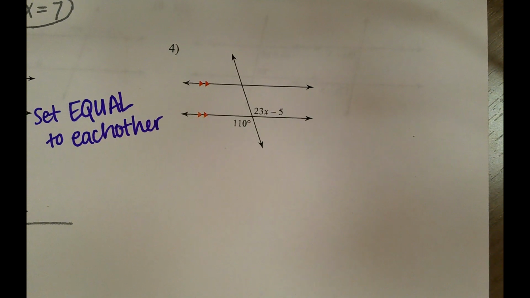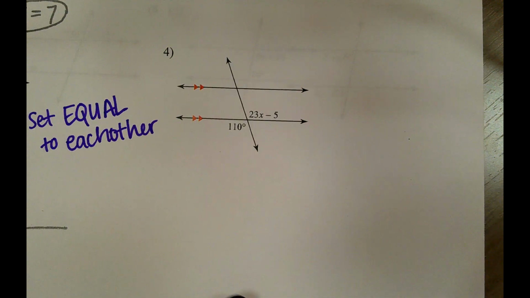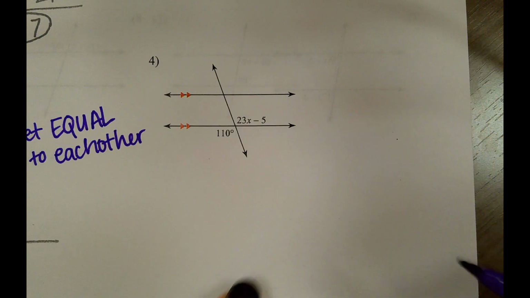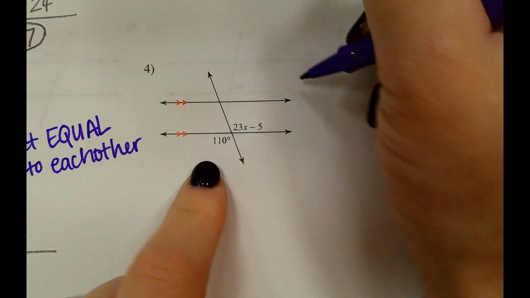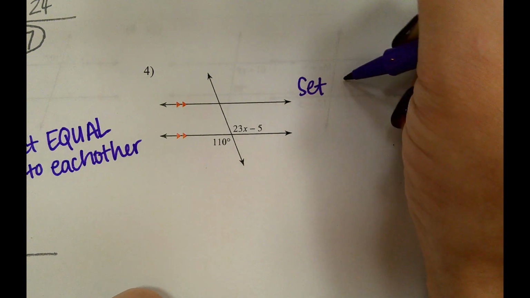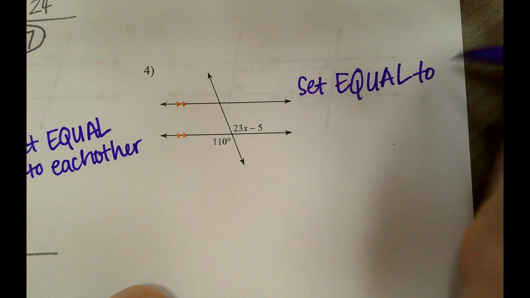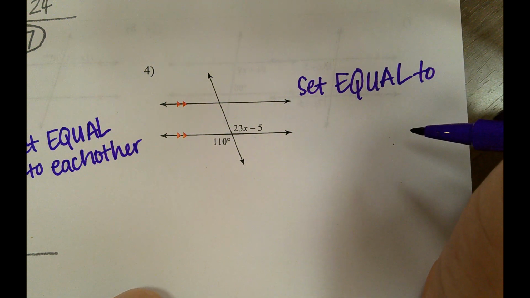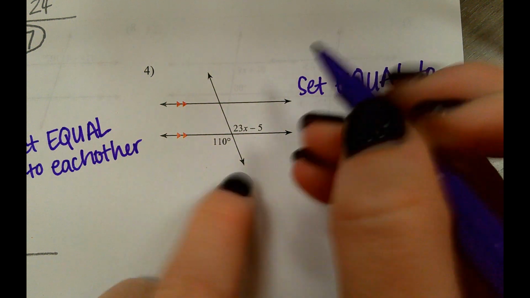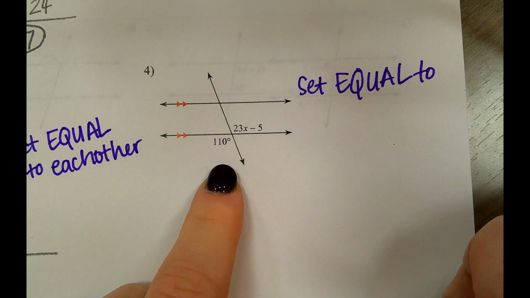All right, so number 4. Are these equal to each other or do they add up to 180? They're equal. How do we know they're equal? Because they're not right beside each other on the line, so they're not 180. Yes, they're not right next to each other, so they're not going to be 180.